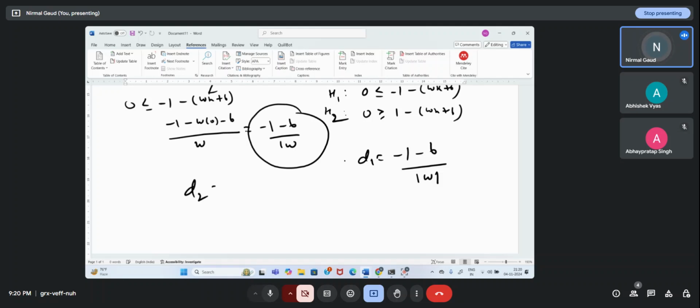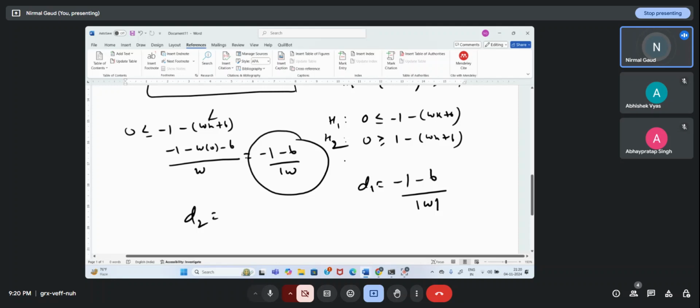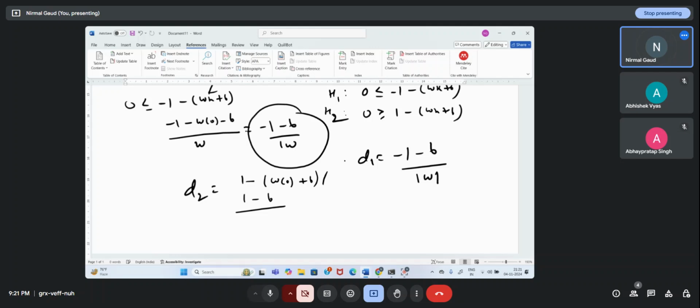Similarly, I can calculate d2. What is d2? Let me put the 0 and write it. So it is like 1 minus w into 0 plus b. So it will be 1 minus 0 minus b upon w, here also w. So this is d2, and margin is d2 minus d1.